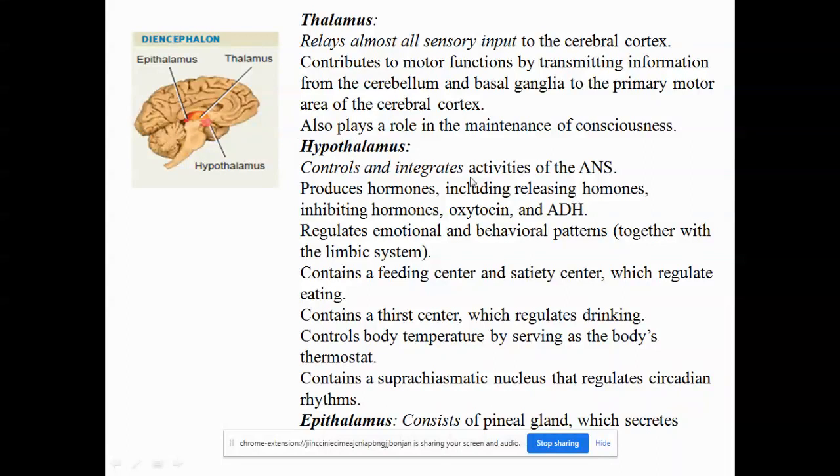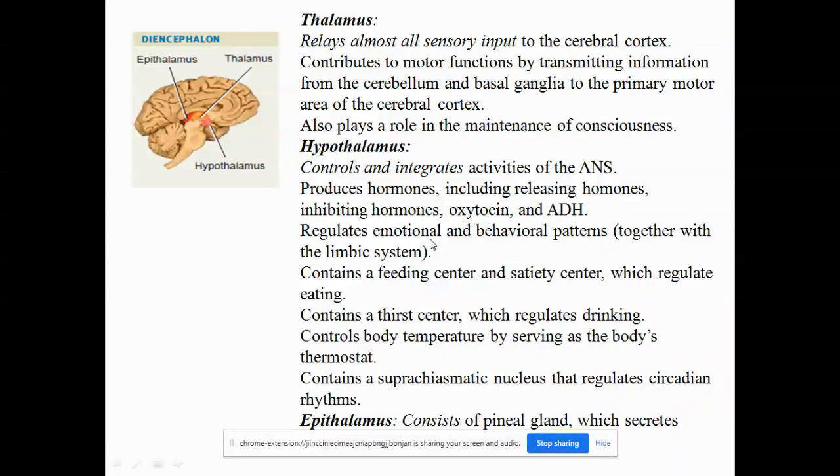The hypothalamus controls and integrates activities of the autonomic nervous system. It produces releasing and inhibiting hormones, and stimulates the anterior pituitary to release pituitary hormones, and also stimulates the posterior pituitary to release oxytocin and ADH, antidiuretic hormone.